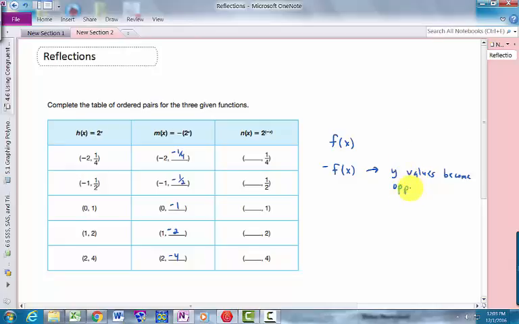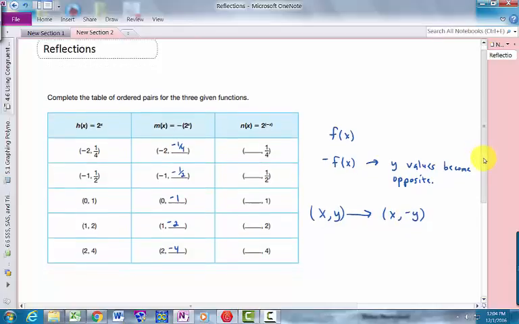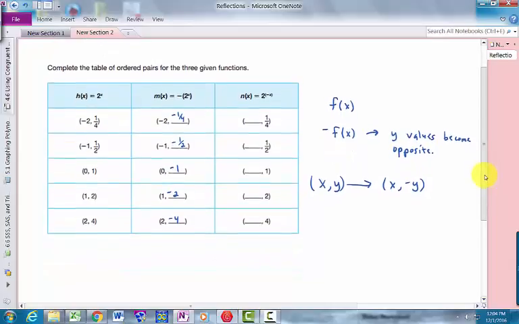So y values become the opposite. Okay, so what happens to this in coordinate notation? Well, if you start with your original x and y values, that's going to change to x comma -y. As simple as that.